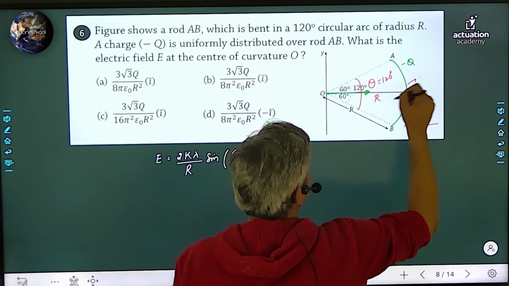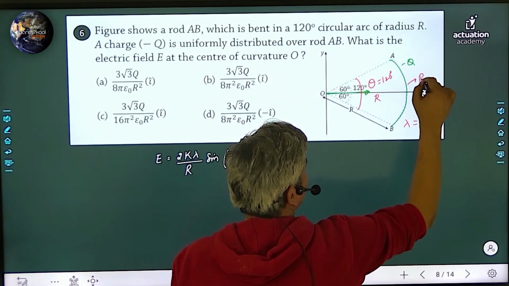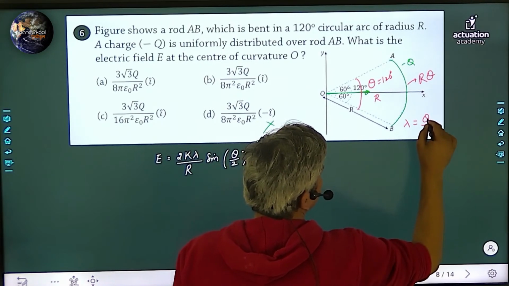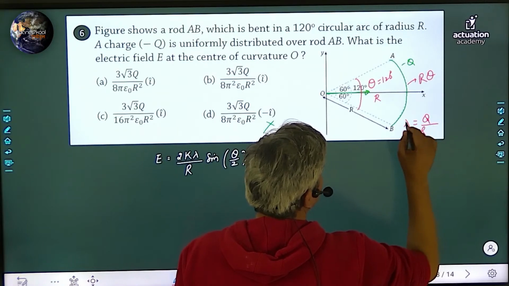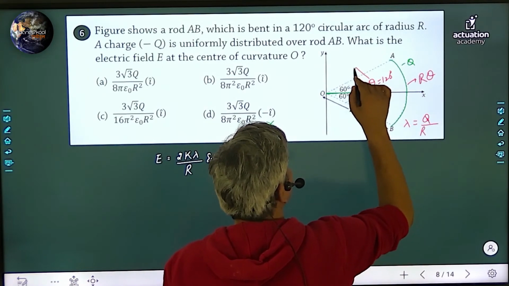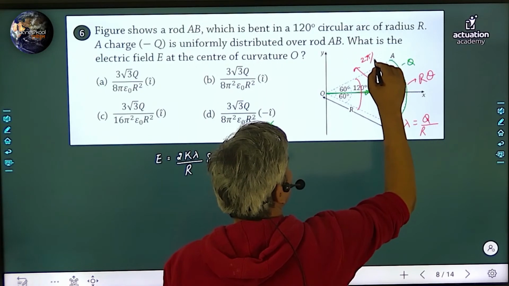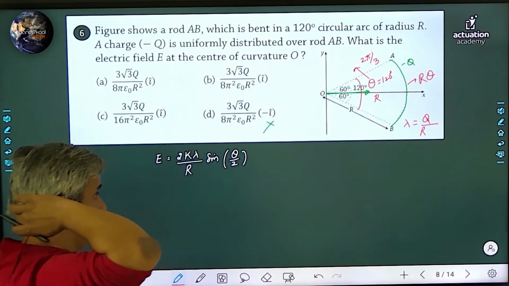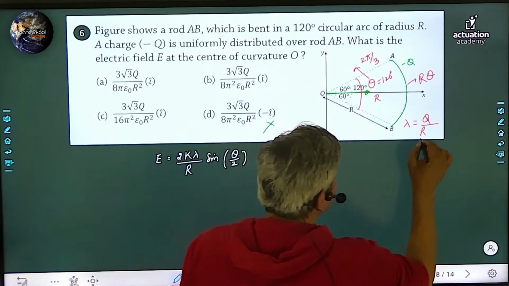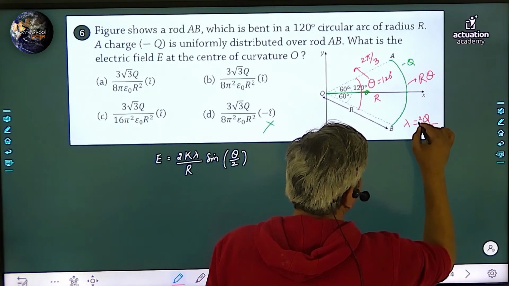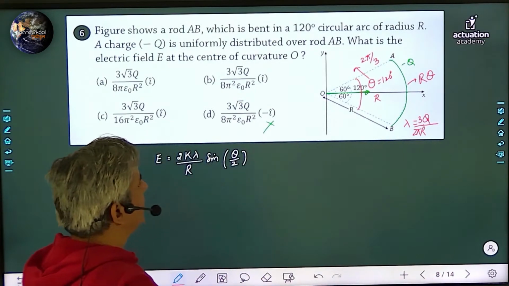We can write the arc length as R theta. Theta we can put in radian, so 120 degree can be written as 2 pi by 3. So this can be written as 3q divided by 2 pi r. So that's the value of lambda.